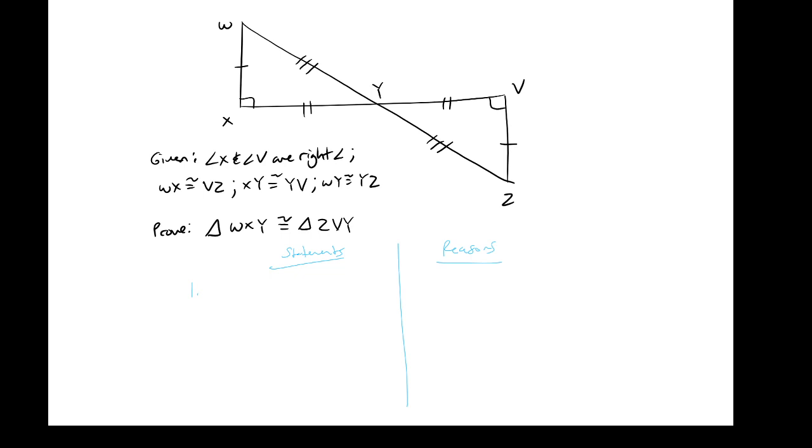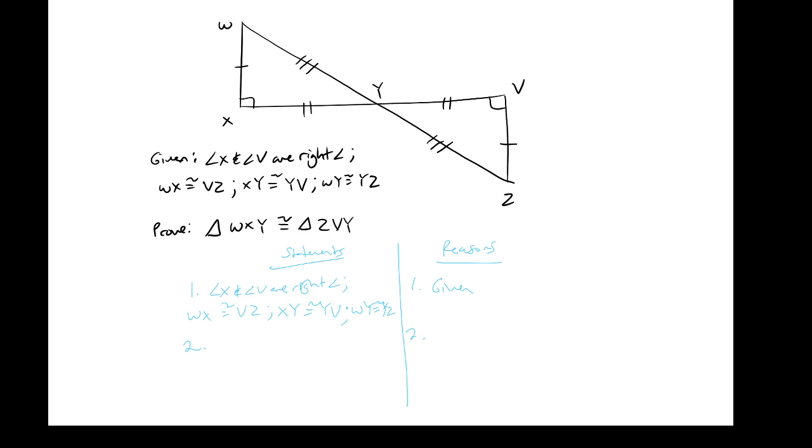And again, we're just going to rewrite our given here. Angle X and angle V are right angles. And of course, all these congruent segments that we have, we'll just detail in right here, as our given.